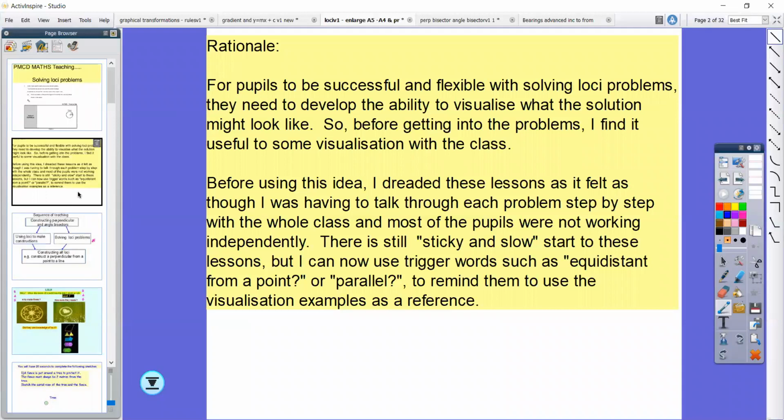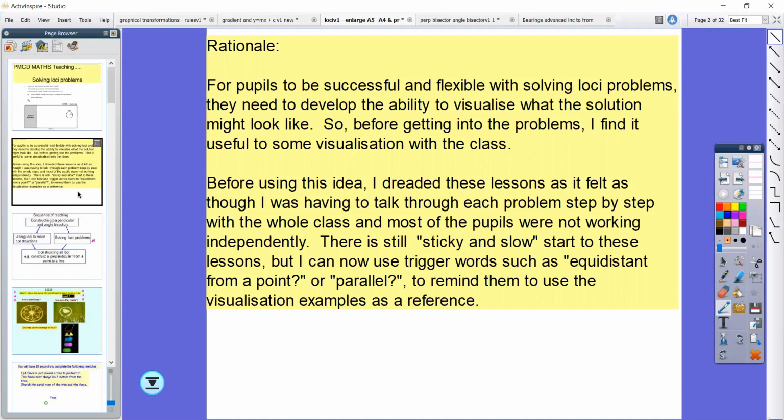Right, so it's quite a good thing to mention here that if ever you have lessons where you feel like you're doing the work and they're just copying what you're doing, then we really need to rethink what we're doing, because it's painful for us. I often feel like I get really hot and flustered in that situation as well. And the students aren't really learning, they're not working independently.